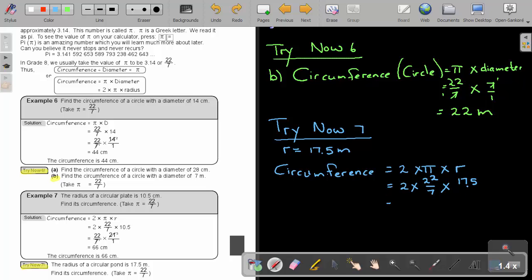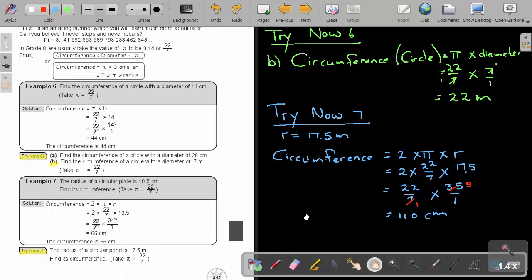Okay, and now 2 times 17.5 will give me 35, so that's 22. You can use your calculator, but that will be 35 over 1. And then we can basically say that 7 goes in 7 one time and 7 goes in 35 five times, and the answer will just be 110 centimeters. And it's not centimeters.